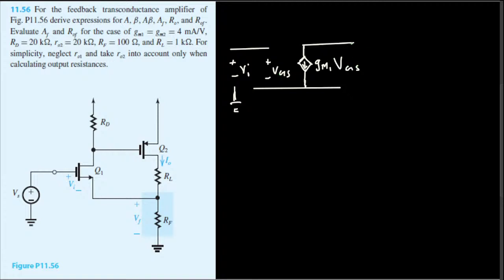After that, if you look at the drain, it has a resistance RD, so that will be right here, connected to a virtual ground. Now we go to the PMOS. What's the difference between NMOS and PMOS? In the PMOS, instead of VGS, we have VSG.